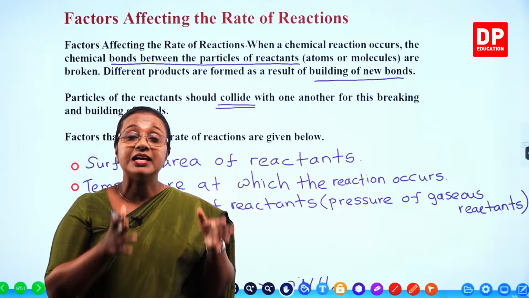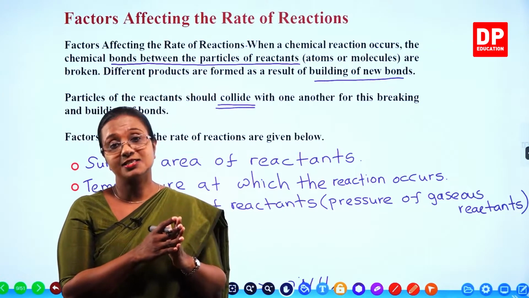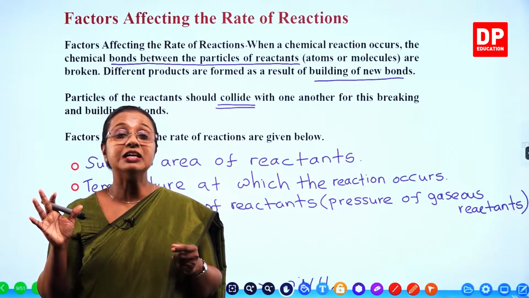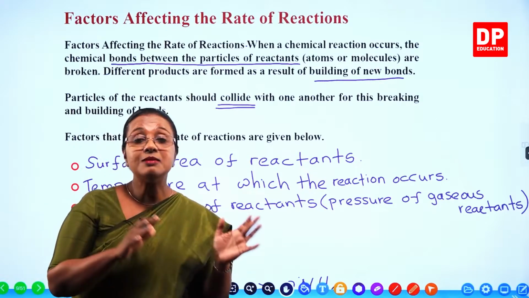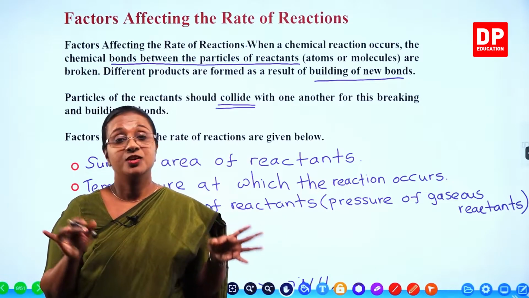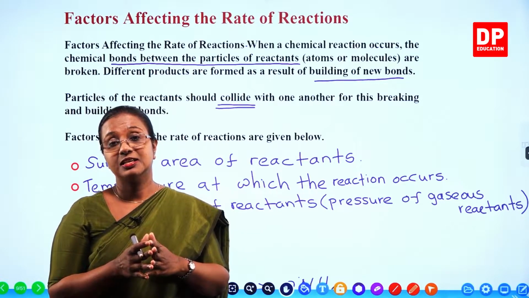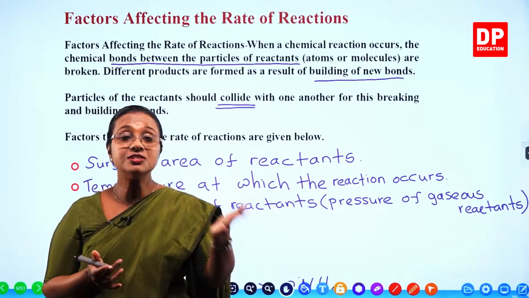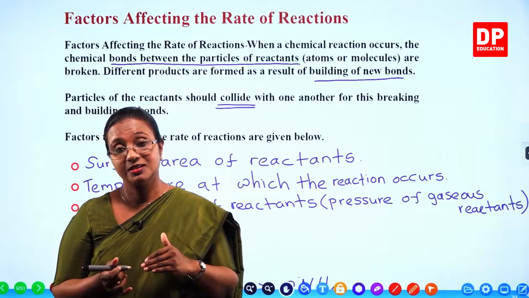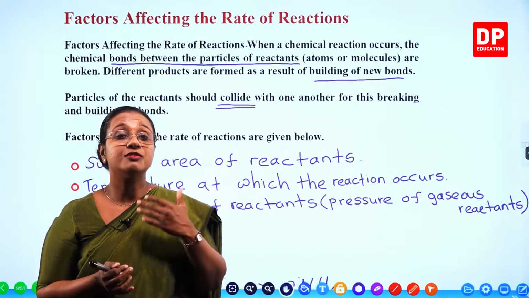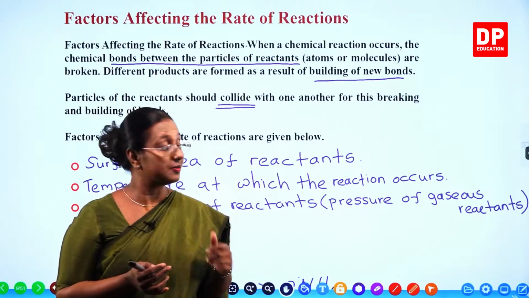So, there it is the pressure of the gases: pressure exerted by the nitrogen gas, pressure exerted by the hydrogen gas. That is similar to concentration. Basically we consider the amount of reactants, whether there are more reactants or less reactants. That is the concentration of reactants, or pressure for gaseous reactants.